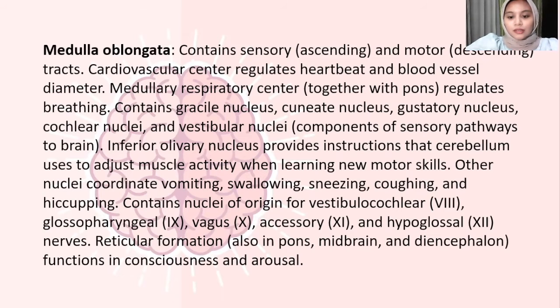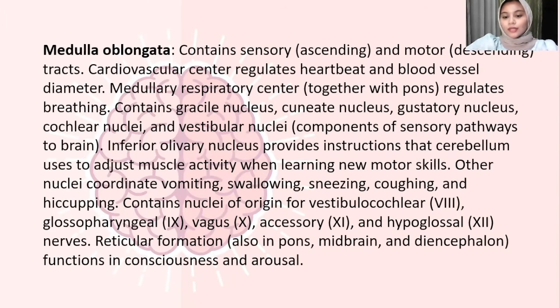The medial lemniscus is the axon bundle that ascends to the thalamus in a band of white matter which extends through the medulla, pons, and midbrain. The gustatory nucleus in the medulla is part of the gustatory pathway from the tongue to the brain. It receives gustatory input from the taste buds of the tongue.